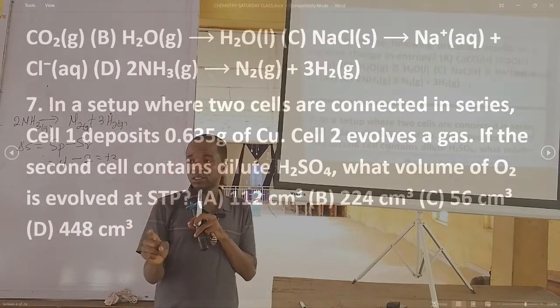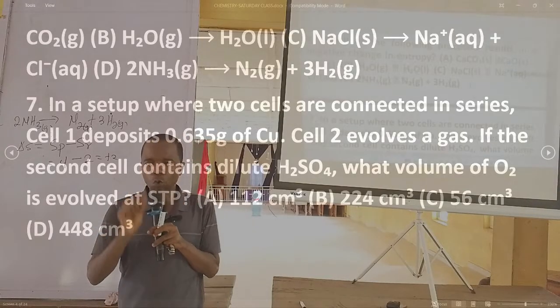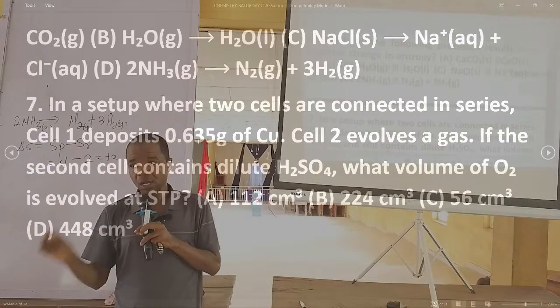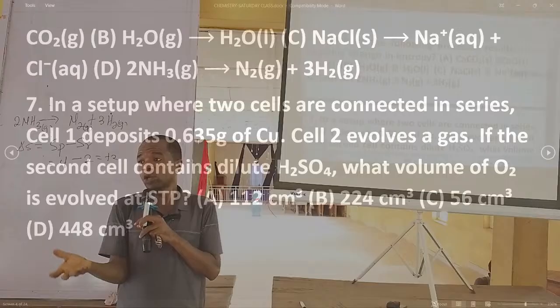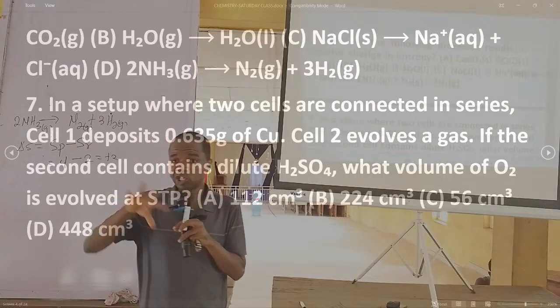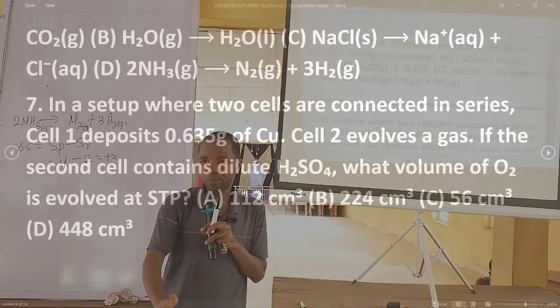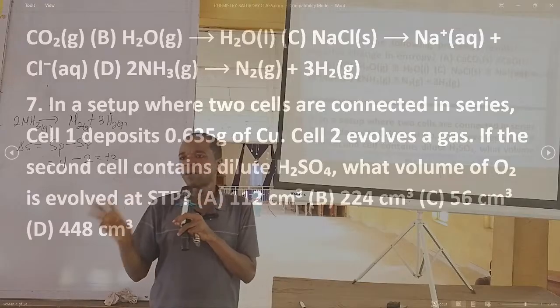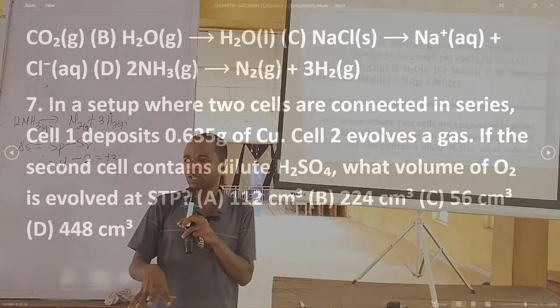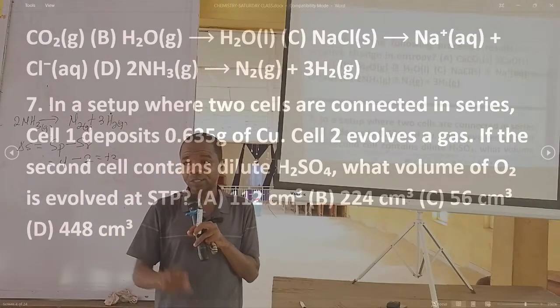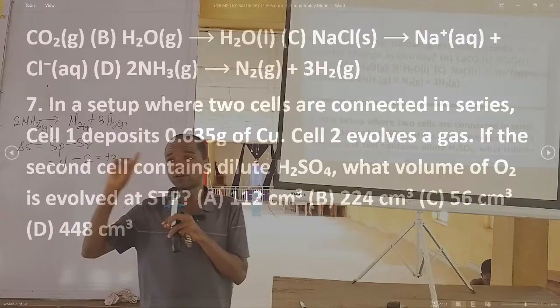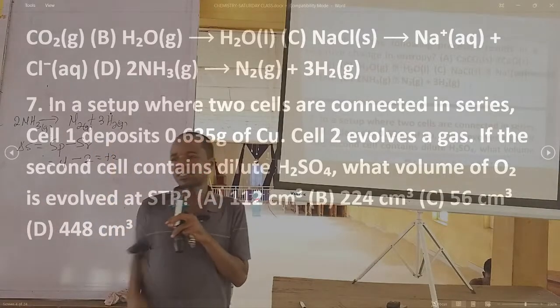Number 4 is liquefaction of gases. Don't forget, when you want to liquefy a gas, you reduce the temperature and increase the pressure. And then number 5 is compression of gases. When you compress gases, you are changing them from gaseous state into liquid state. Look at our various houses.